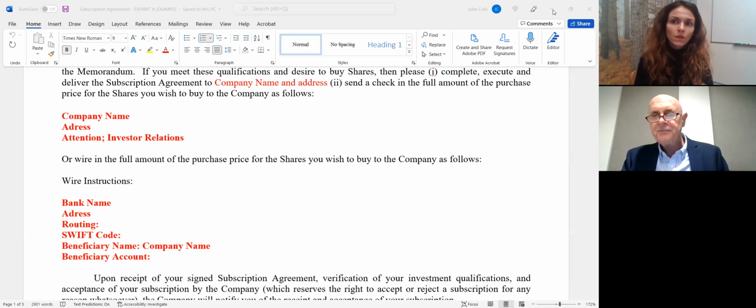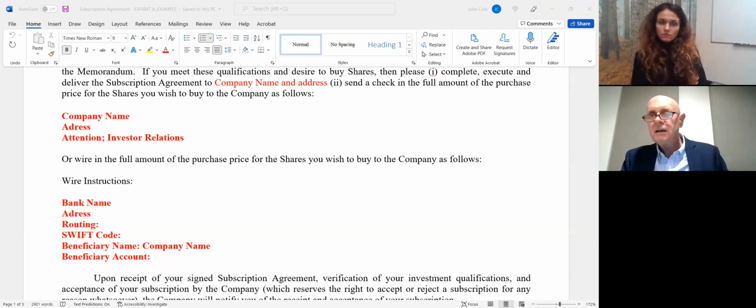And then you have what is called an investor file checklist. Can you see this? No, I only see the same document. All right, let me just pull it out here. Hold on one second. Screen sharing, and I'm gonna share. You just have to find it. Oh my gosh, I can't find it.